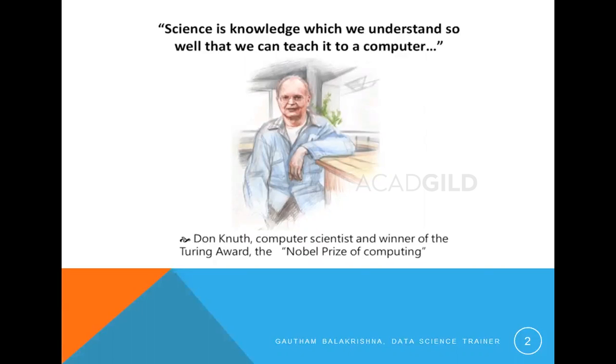Whether it is in the form of using algorithms or using some kind of models, when we make the computer understand these models, that's when we can get the maximum value out of this domain of data science.